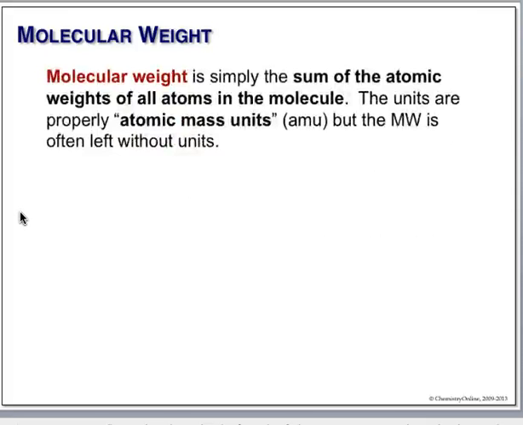As I said, formula weight: if you take a compound and see what it's composed of, then go to your periodic table and get the masses. You can come up with what we call the molecular weight.